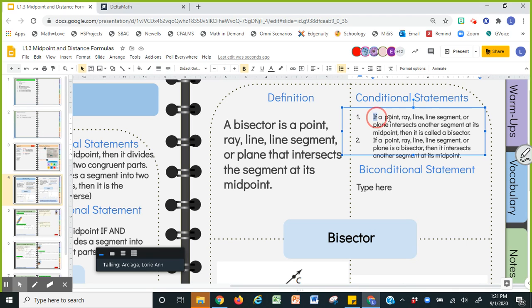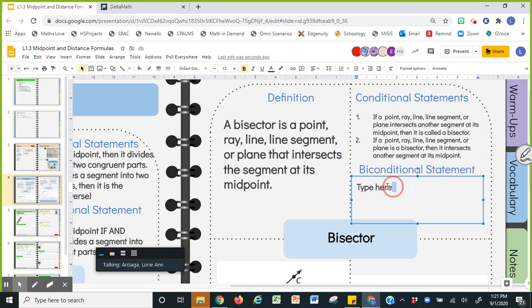Now for the biconditional statement, since it's a two-way conditional, it doesn't matter which you begin with. You could say a point is a bisector, or you can say a point, ray, line intersects at its midpoint, whichever you prefer. So I'm going to write it over here. I'm going to Control V again, the one that I wrote earlier.